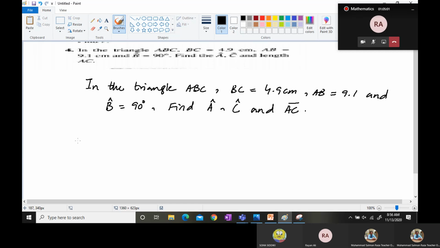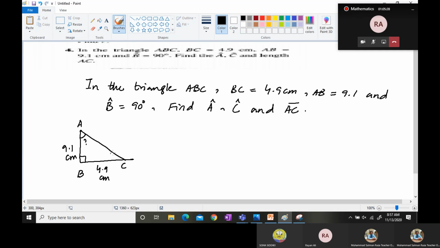So what are we going to do? We draw a triangle here, where B is 90 degrees, and write it as ABC. BC is 4.9 centimeters and AB is 9.1 centimeters, and we need to find angle A first.